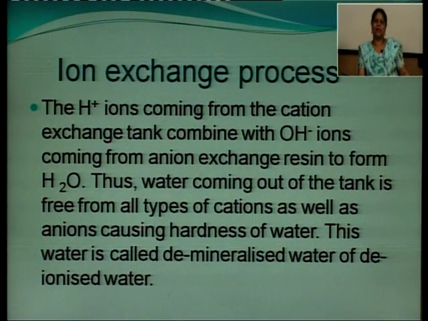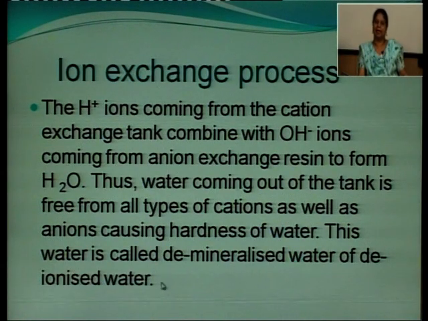Now, the H ions coming from the cation exchange tank combine with hydroxyl ions coming from anion exchange resin to form water. It means the water coming out of the anion exchange resin tank is free from all types of cations as well as anions which are responsible for hardness of water.